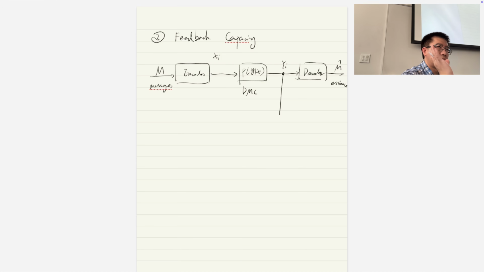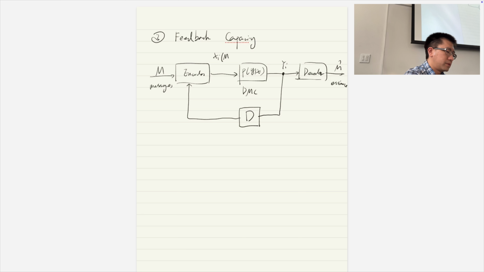Before the decoder, this receiver receives yi, so it can feed it back to the encoder. So basically it tells the encoder what I got. And we assume there's a one-step delay there. This D means delay, one-step delay. So in other words, when we do the encoding, before we only needed to know the message.